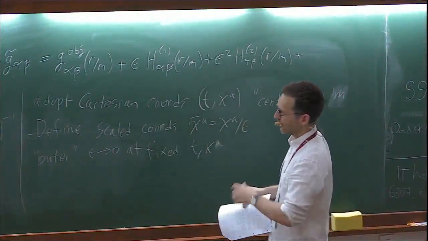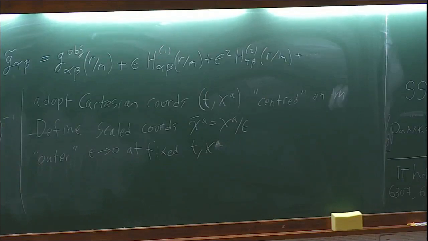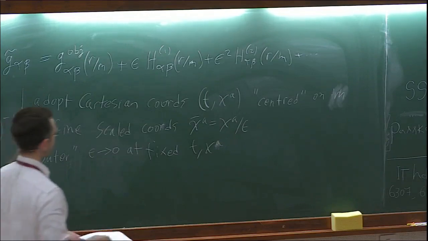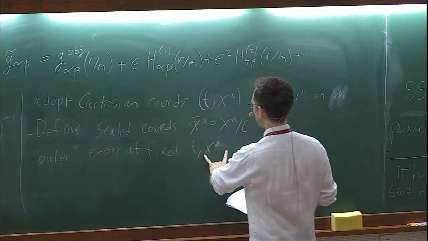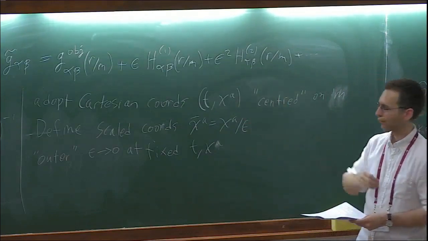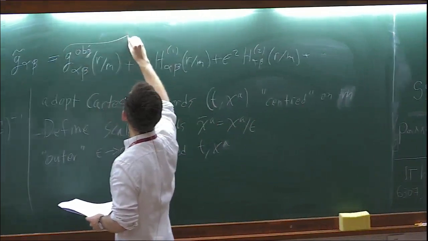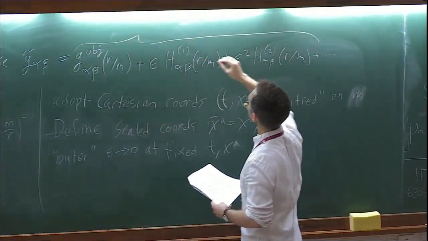Or it could be performed in different unscaled coordinates that are not centered on the small object, but centered on the big object or anything else. But the point is that they're measuring things essentially in units of the external length scale, which for us is capital M. Now this I'll call the inner expansion.